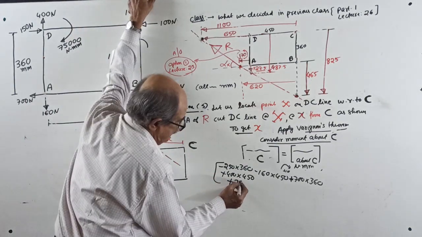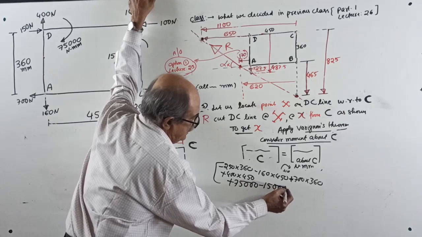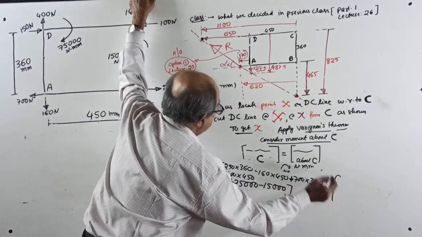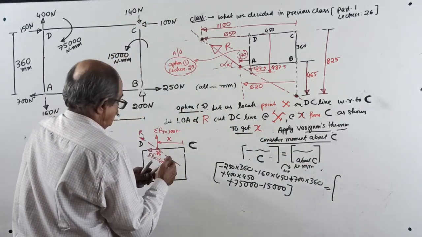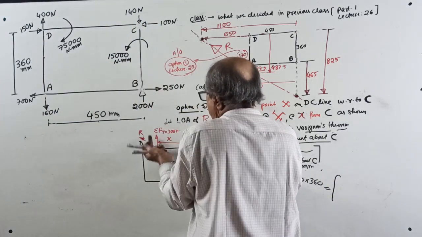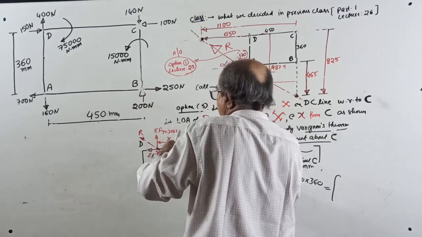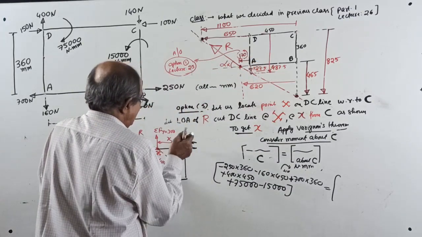Now next, without forgetting, plus 75,000 minus 15,000, equal to moment about C: sigma Fy into x, not 300, it's actually Newton, not distance.